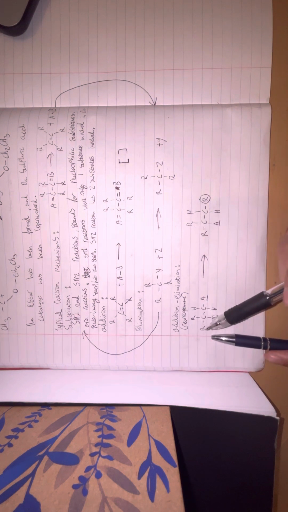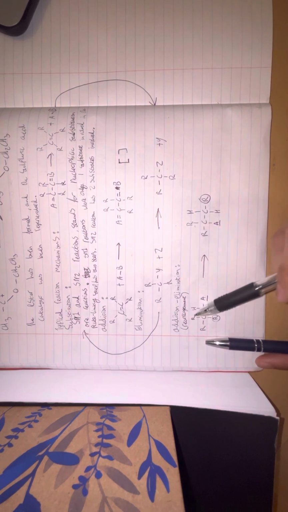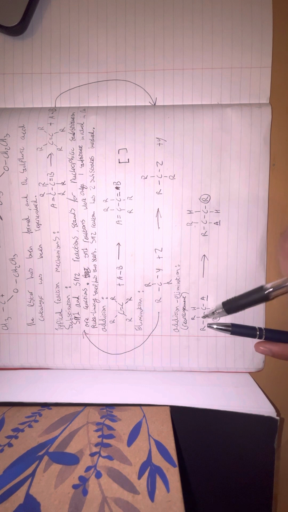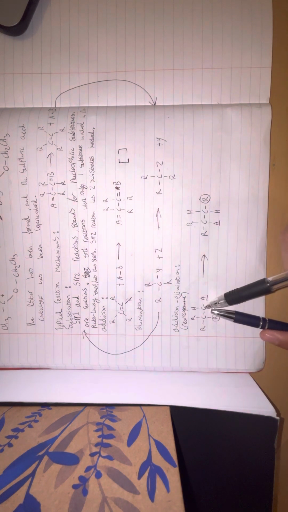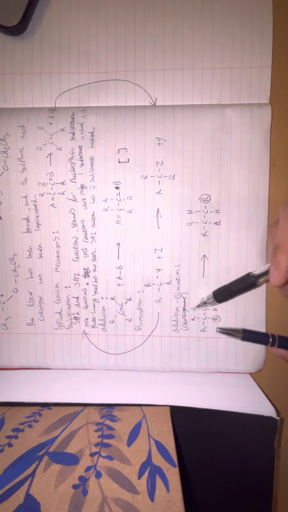So let's say this has two ions, negative, and this is partially positive. No, this is partially positive. This is just normal.